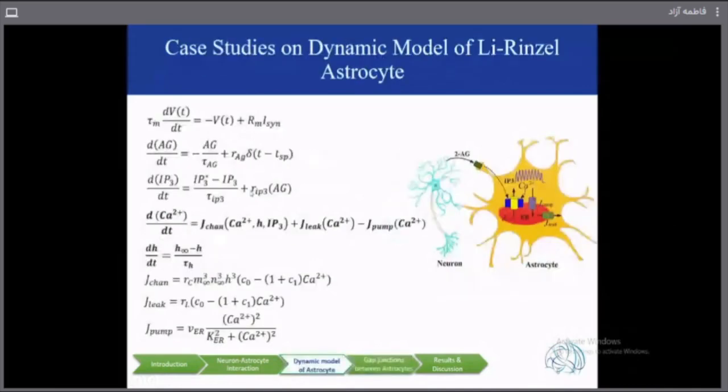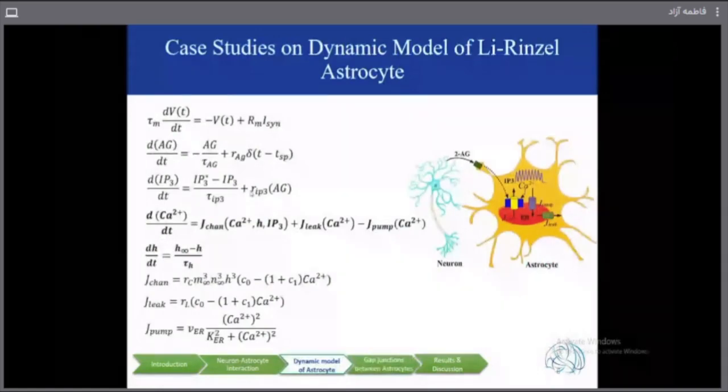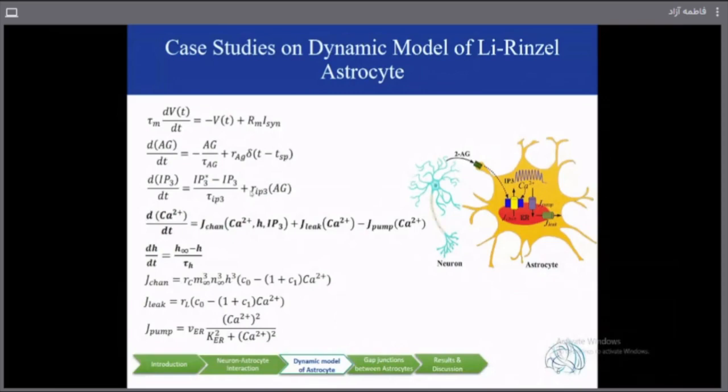IP3* is the baseline of IP3 when the cell receives no input and is in a steady state. τ_IP3 is the IP3 decay rate. Calcium generation is a function of three main fluxes, J_channel, J_leak, and J_pump, where h is the fraction of activated IP3. The expressions for the fluxes are given by these three equations. As you can see, these three equations are based on calcium, IP3, and h parameters.